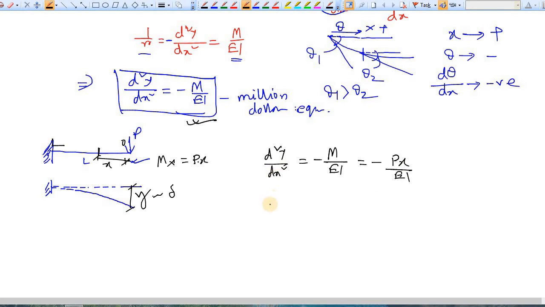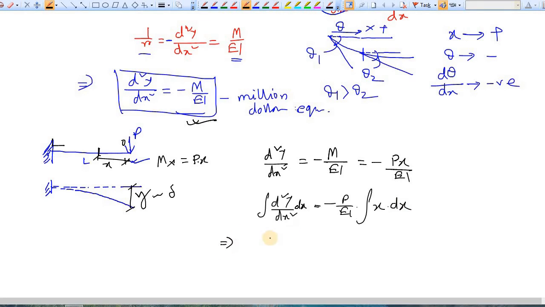So if we integrate both sides, it becomes d2y/dx2 is equal to minus P by EI times the integration of x, and on the left side we will integrate with respect to dx or length, and on the right side also.